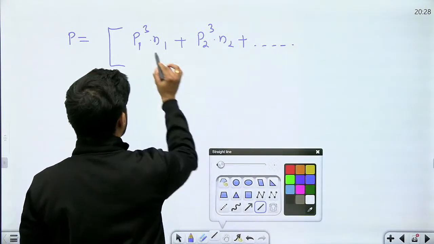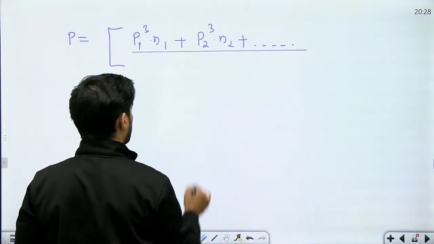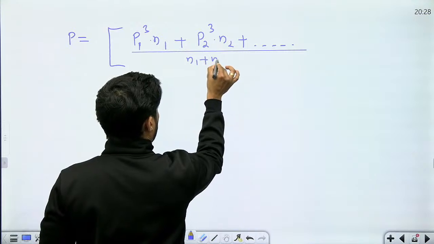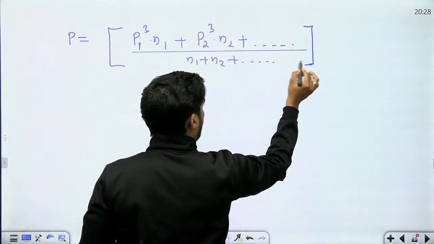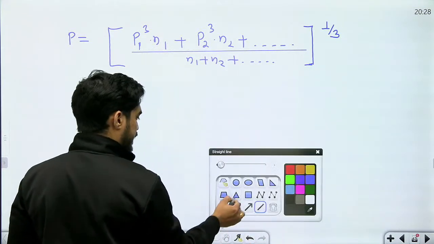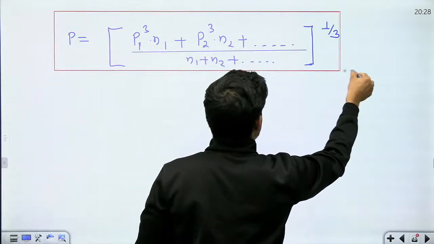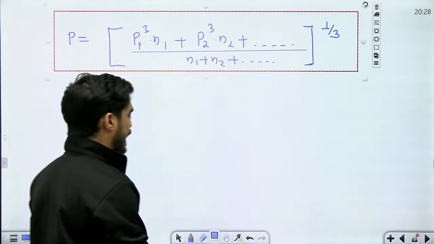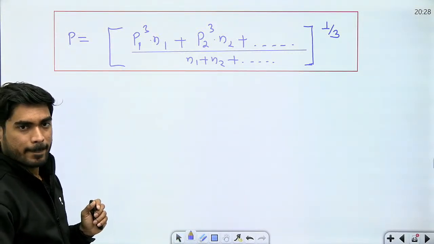Divided by N1 plus N2 plus and so on, whole to the power 1 by 3. This is the equation to convert P1, P2, P3, P4, all of that into one single load P.